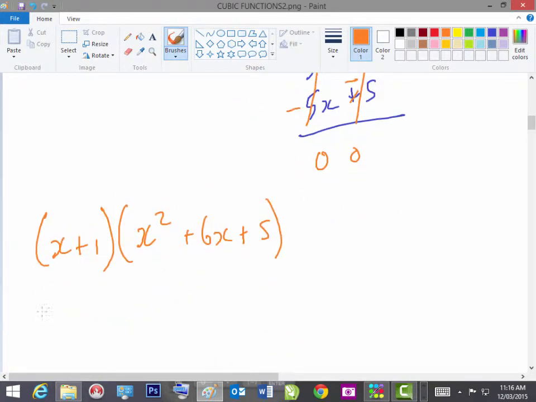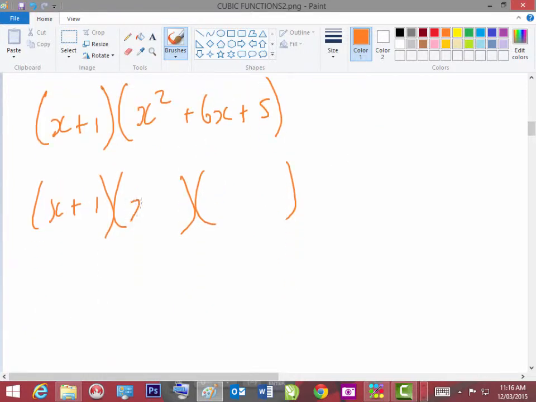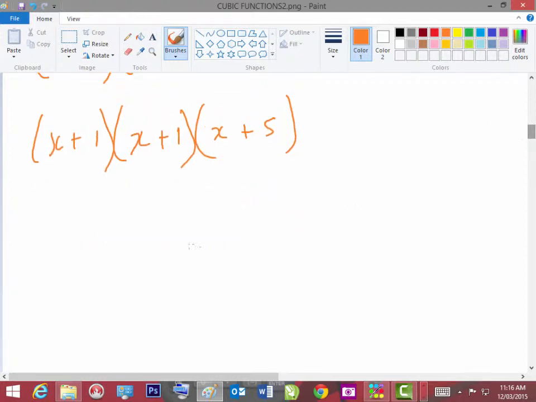So I can factorize this quadratic. What two numbers when multiplied give me 5, when added give me 6? It's going to be 1 and 5. Right, now I can draw my graph.